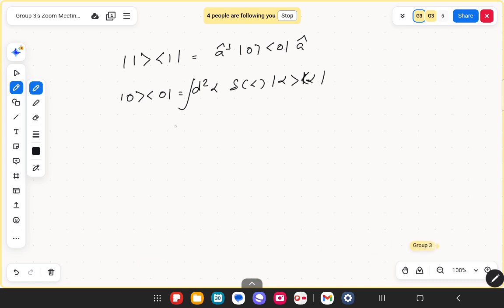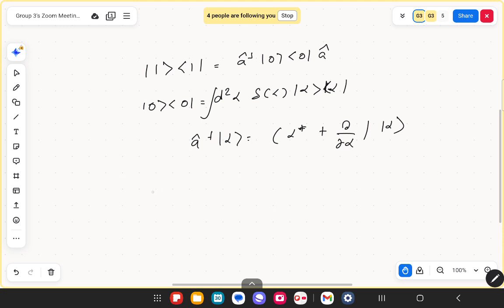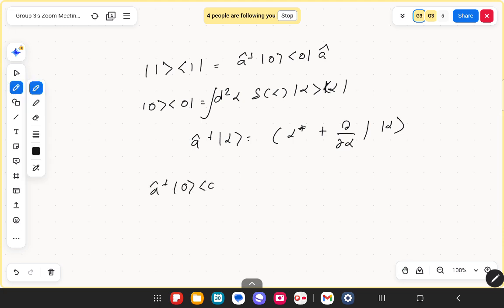From here, we know that a†|α⟩ is equal to (α* + ∂/∂α)|α⟩, and from this we can get easily that a|α⟩ is equal to α|α⟩, and ⟨α|a† is α*⟨α|.